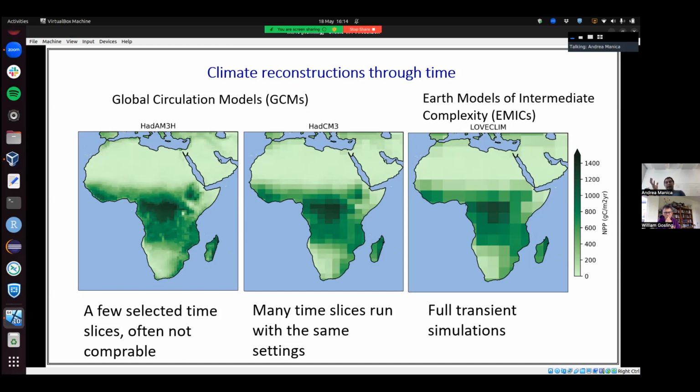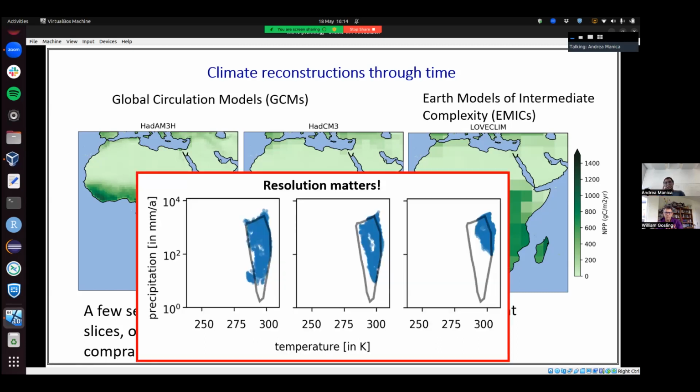Now, one of the things that has bothered us for a few years is that these EMICs are brilliant for creating transients and time series, but resolution does matter quite a bit. And this gives you a very good feeling of what happens when you change resolution with models.